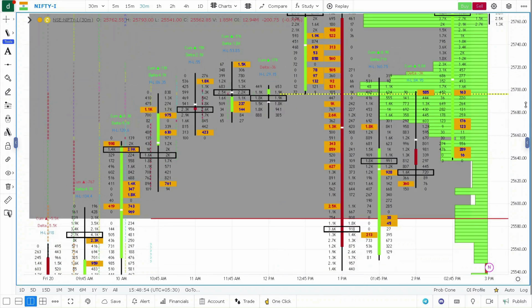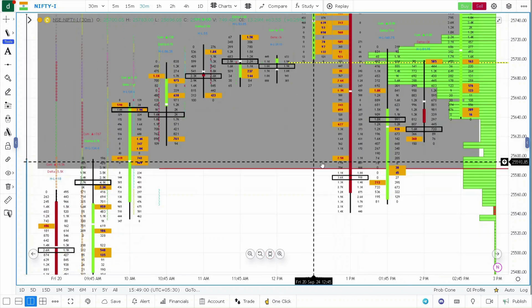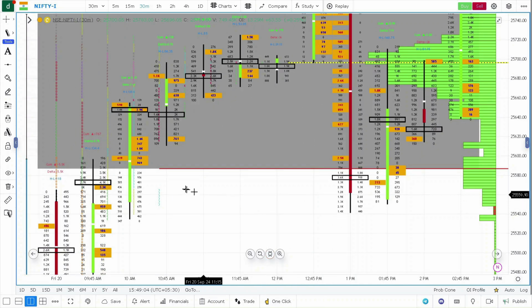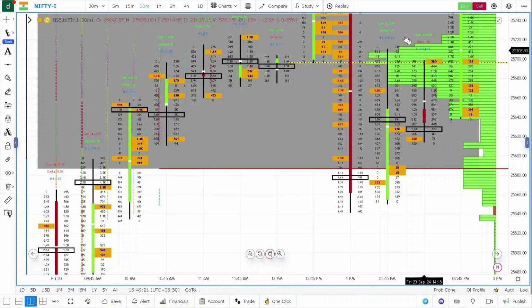Around 1:15 there was a strong dumping of market orders, sending the prices all the way down to 25,540 levels, where all the morning gaps which I have discussed act as very strong price magnets. They all get covered.